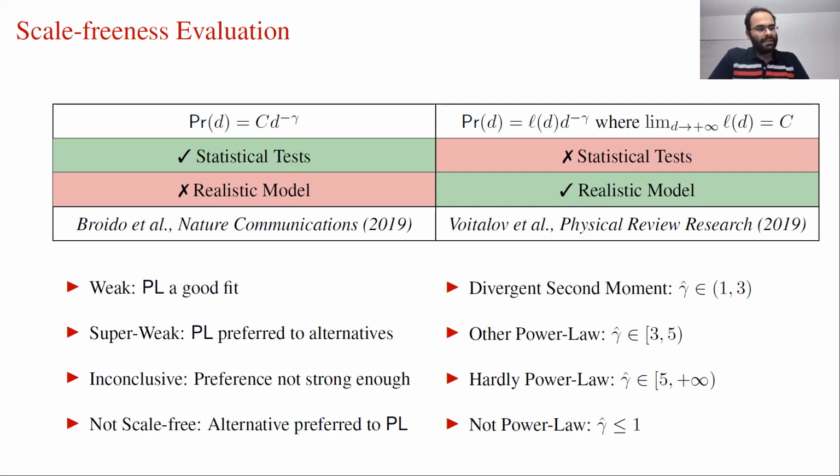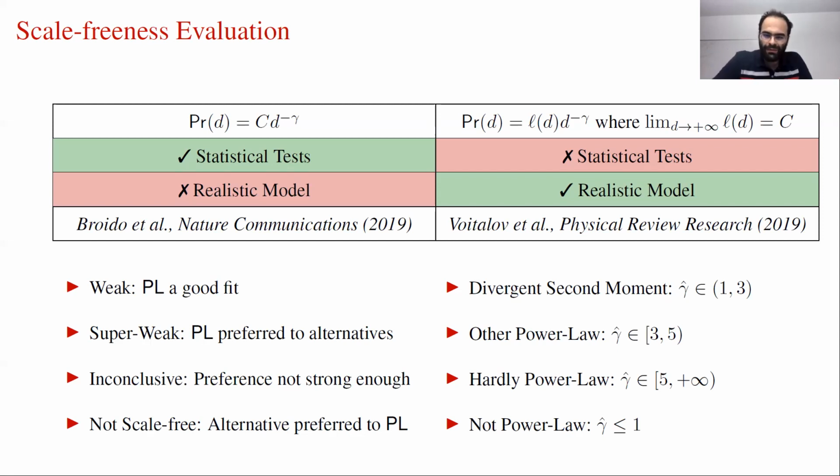We have also the class of super weak scale-free graphs, where the power law distribution is preferred to 4 alternative distributions, for example, the log normal or stretched exponential, etc. And if this preference that is evaluated based on Vuong's log likelihood ratio test is not strong enough, we say that the test is inconclusive. However, if one of these 4 alternative distributions is preferred to the pure power law distribution, we conclude that the network is not scale-free.